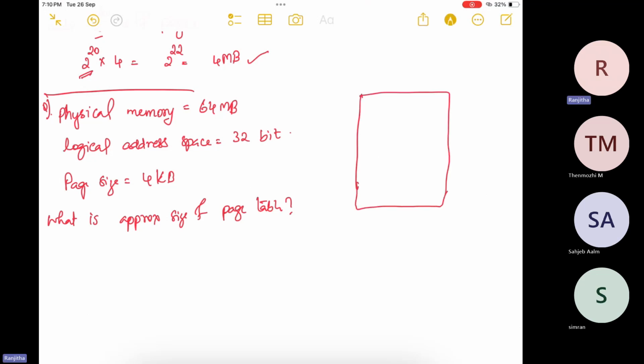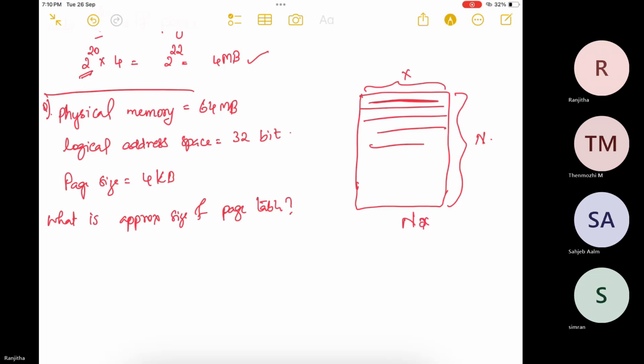So what is the size of the page table? It will be the number of entries n into the size of each entry x. Both are not given. In the earlier question, x was given. We found out n and then we figured it out.